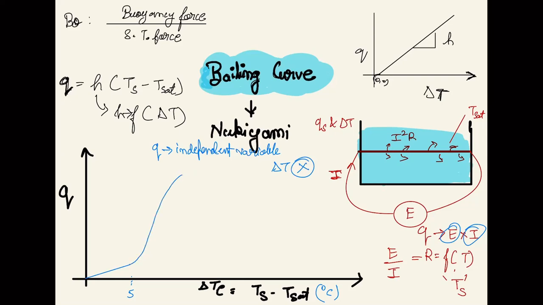And then after this particular Q, I was further increasing the E. My Q was increasing after this point, but the delta T was remaining constant, and also the rate at which the boiling was occurring was seen to be constant.